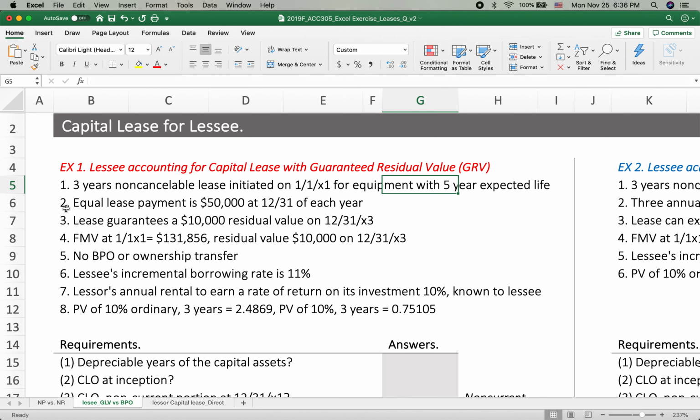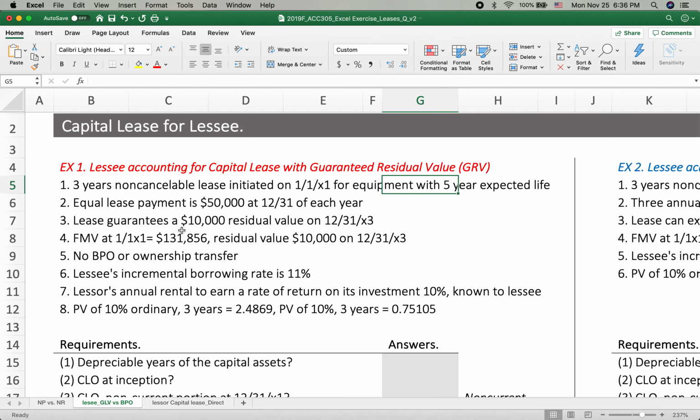And then, keeping that in mind, the equal lease payment is $50,000 December 31st each year. So you may recognize, oh, that payment is occurring every end of year. So that is kind of the ordinary annuity.